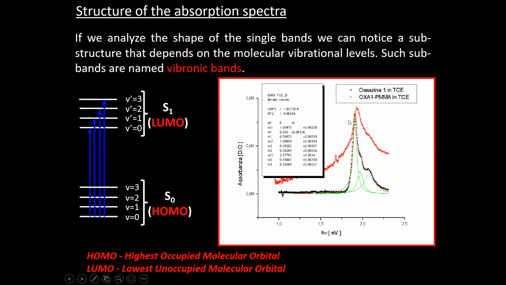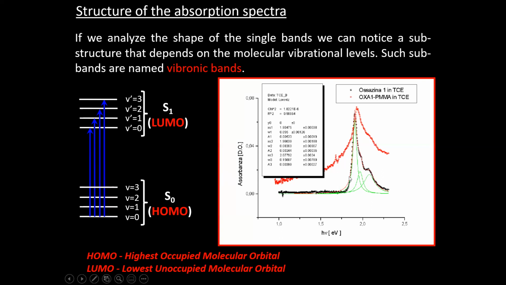Now, you see from this figure that the absorbance corresponding to the first transition is different from the absorbance corresponding to the second transition, and different from the absorbance corresponding to the 3rd transition. So, for example, the amplitudes of these green curves are different, okay?